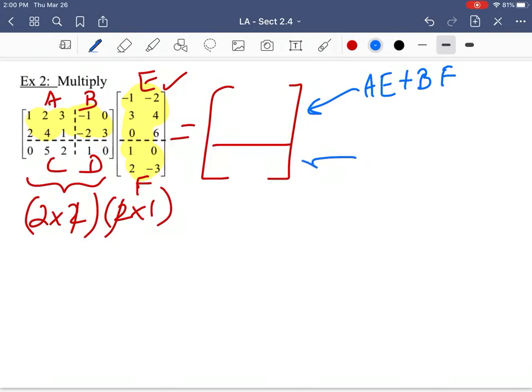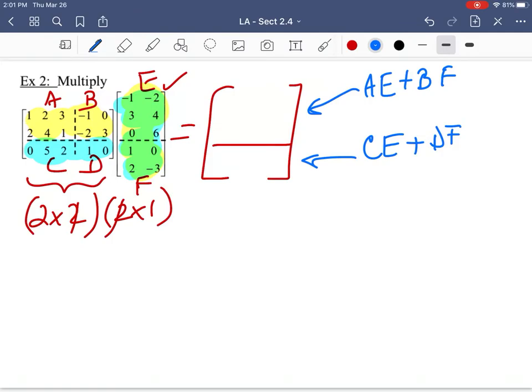And then this spot down here is going to be my CD times my EF, so I have CE plus DF.